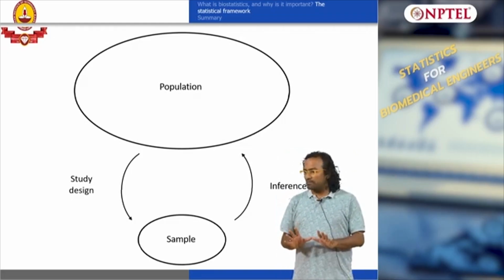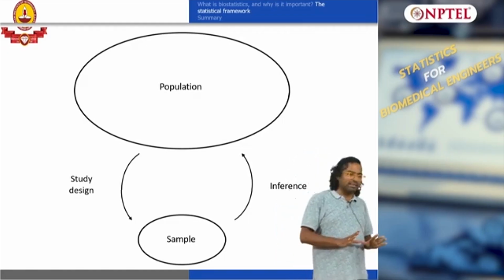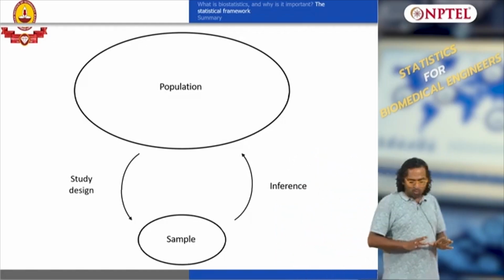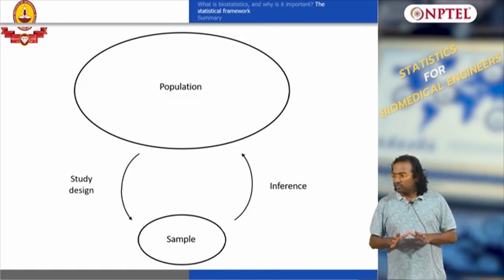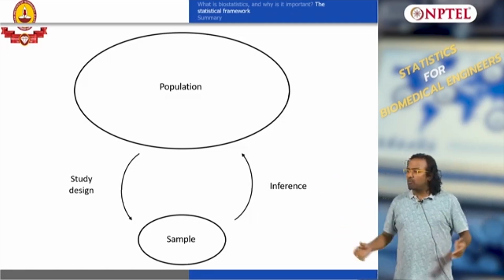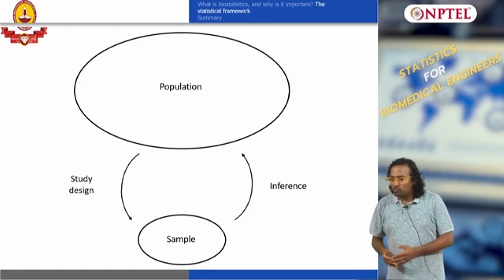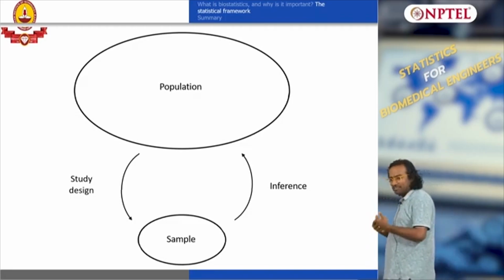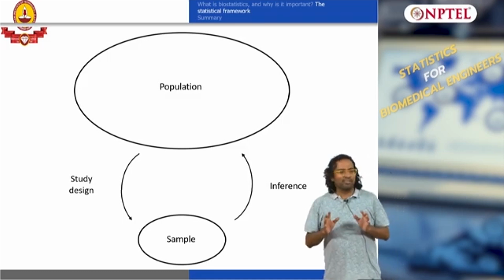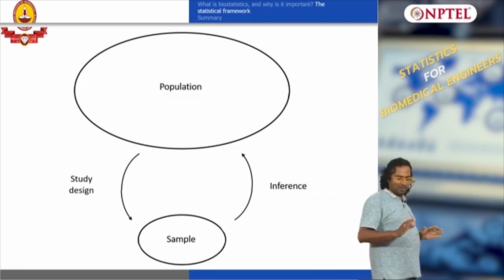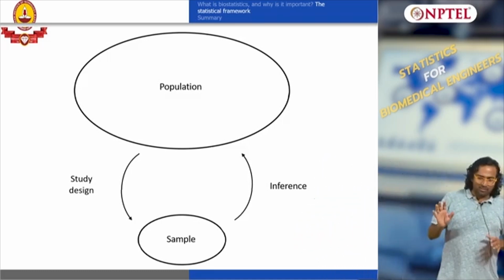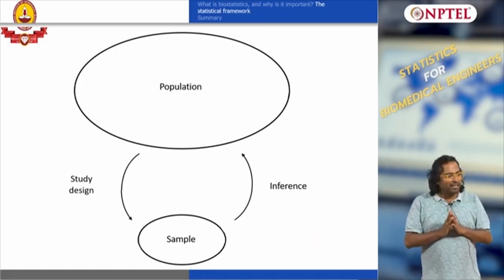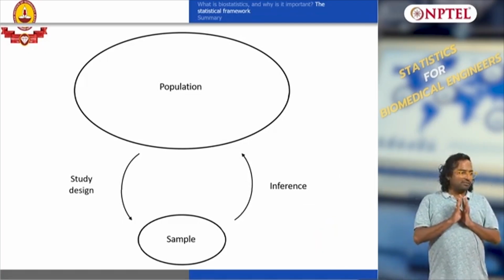This is not just true in clinical trials, in any experimental study one has to be very clear about the population. Do not take it very generic, then you may never be able to prove the efficacy, prove that it is working, and it will result in throwing away your hypothesis. So, you have to very clearly define the population.